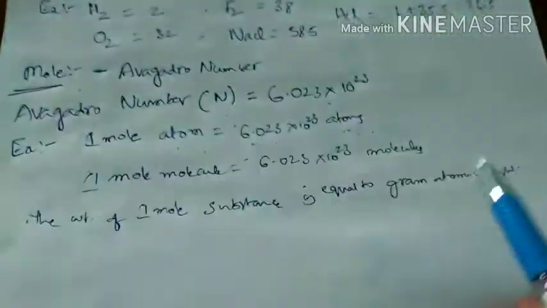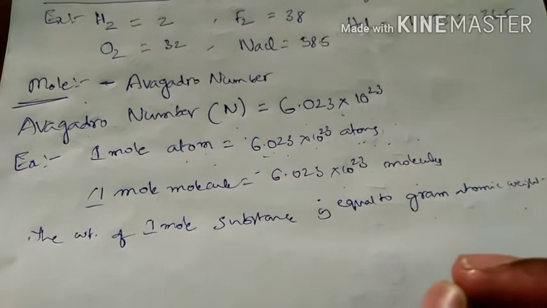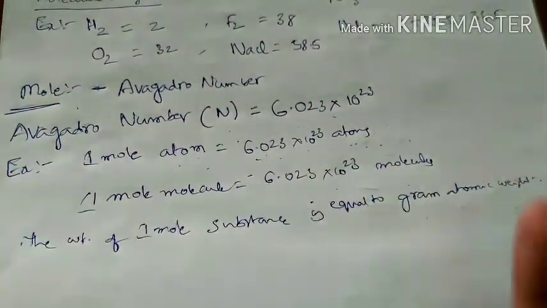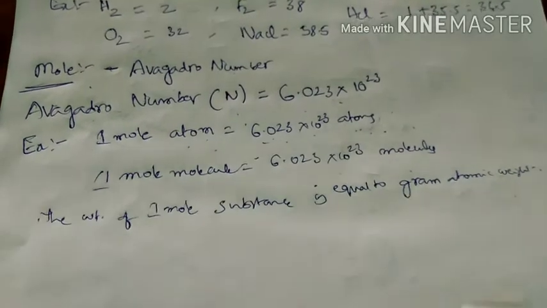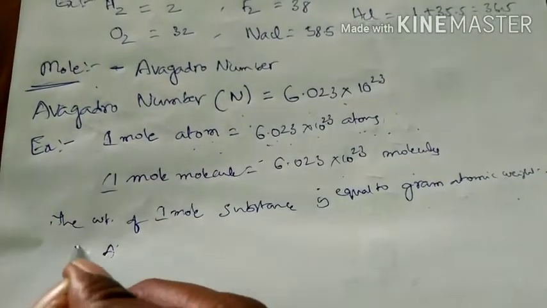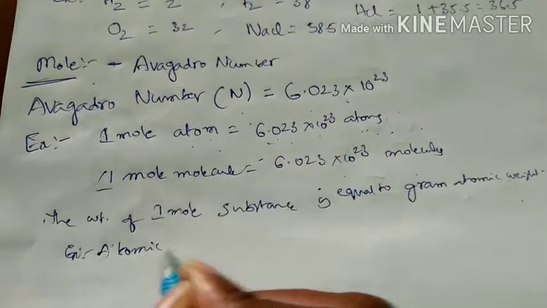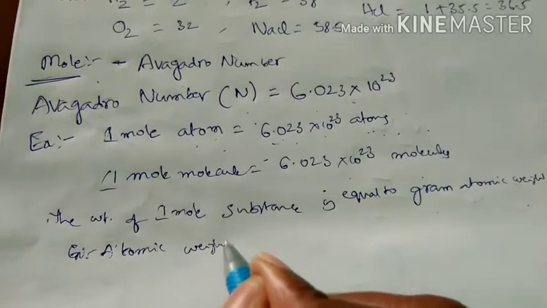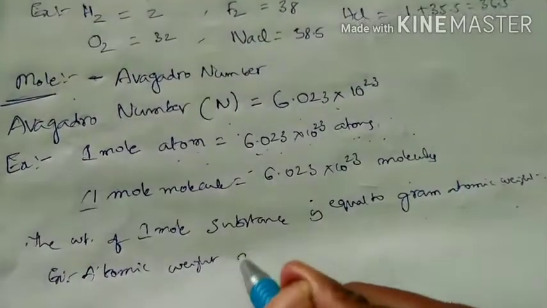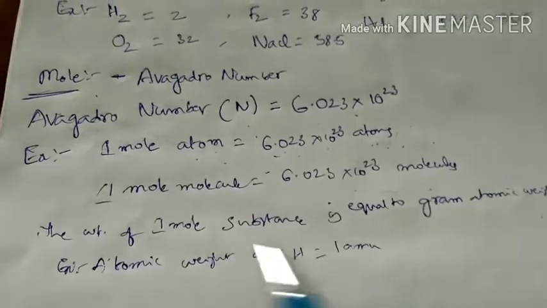Atomic weight is weight of atom. Then what is gram atomic weight? If suppose atomic weight is expressed in grams, that is called gram atomic weight. Simple thing. So for example, atomic weight of hydrogen is how much? 1 AMU.